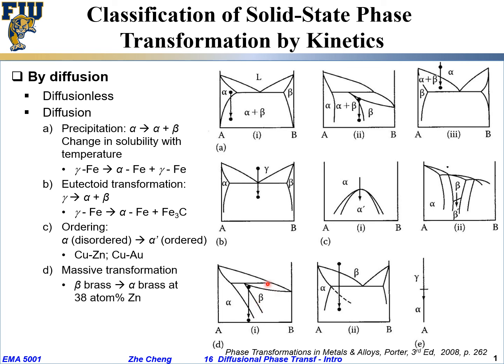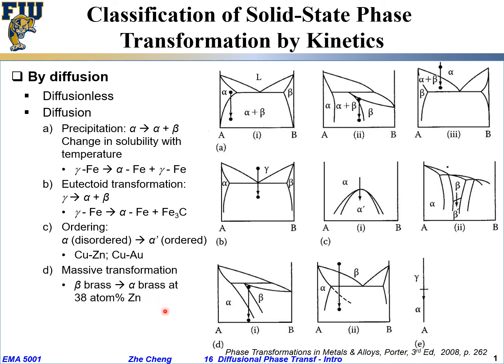And this is observed in alpha brass, which is essentially a copper zinc alloy transformation. The system goes from beta phase, the high temperature one, into the alpha phase at the low temperature one.